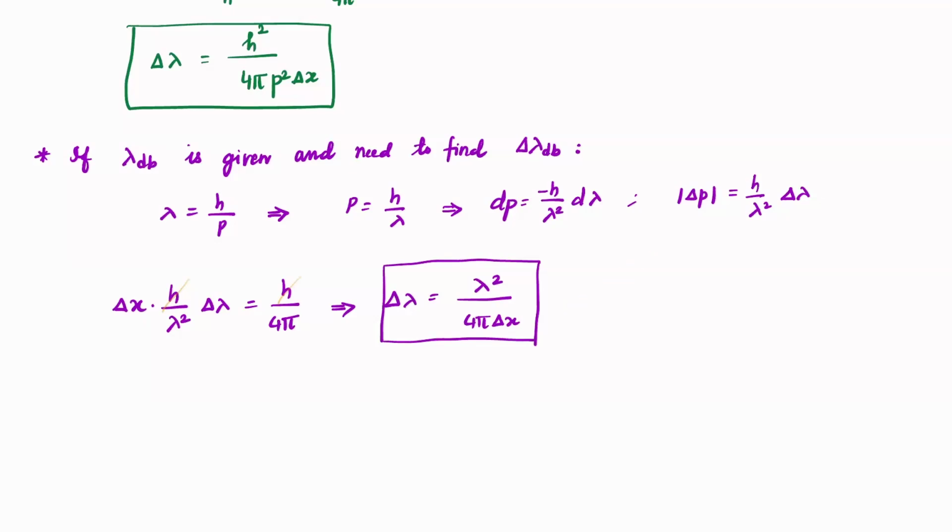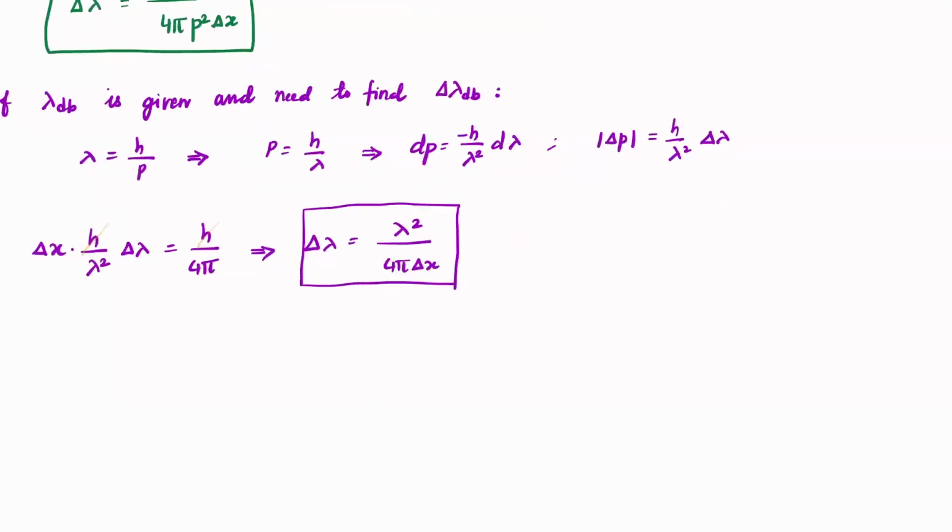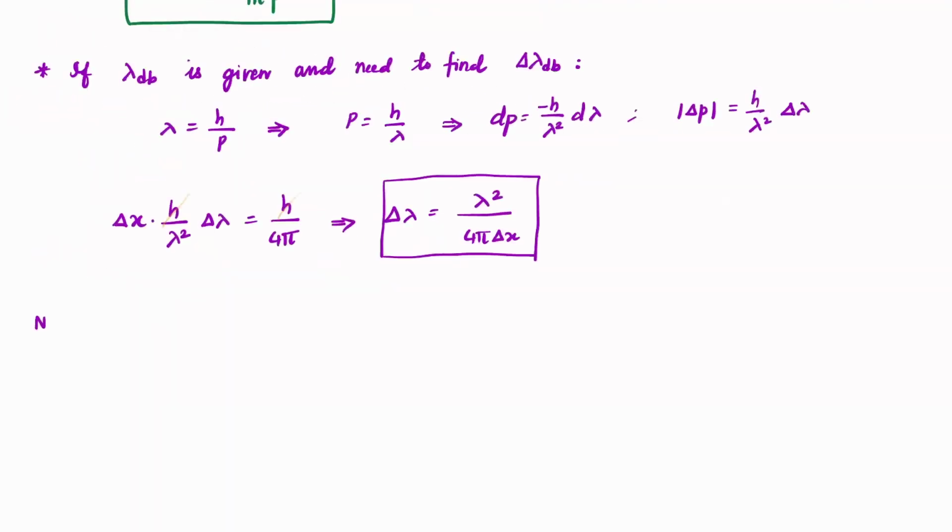What if you know the kinetic energy? Another important note: the kinetic energy of any particle is equal to half mv square. If I multiply by 2 and m on both sides, I get 2m into kinetic energy is equal to mv whole square. Mv whole square is nothing but p square.